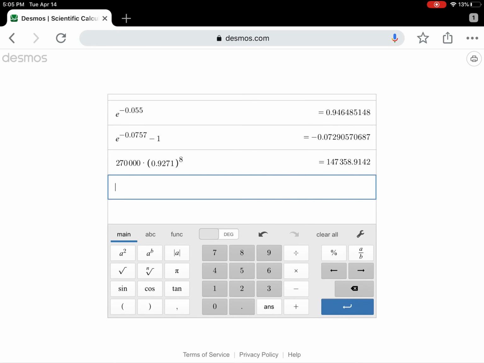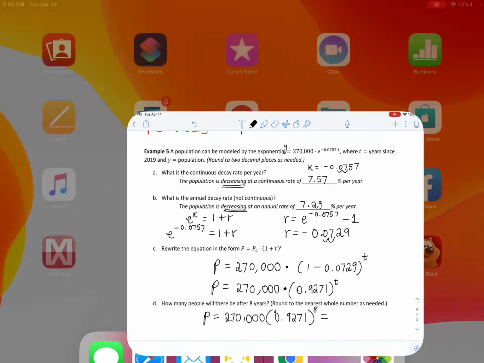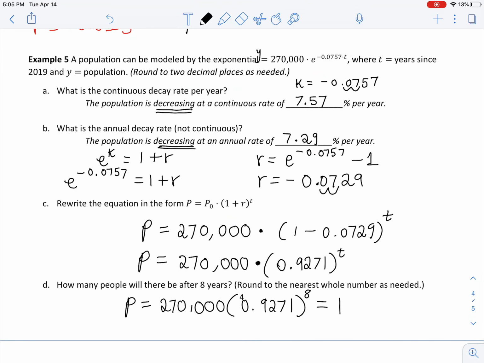Okay, so we got the population. How many people are we going to have in 8 years? 147,350, let's round that up to 59 people. Okay, so let's write that down. 147,359 people.